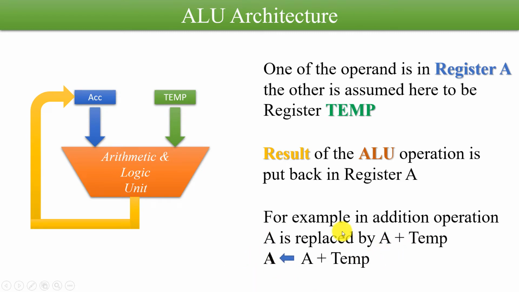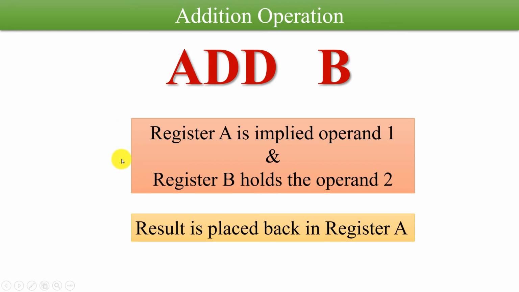So that is the importance of the accumulator in 8085, and that leads us to understanding of one of the instructions of 8085. You write down ADD B. You don't need to write down with whom you have to add. Why? Because register A is implied operand 1.